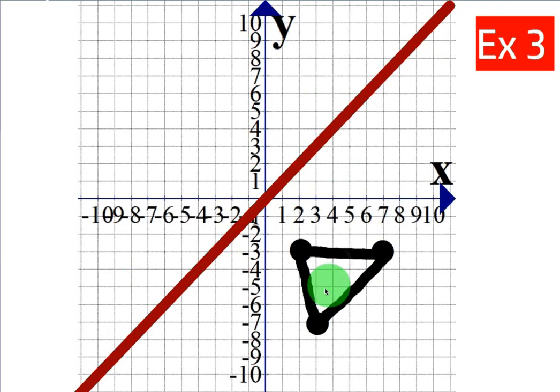So we're going to be taking this shape, reflecting it around this line. So it's actually the same as what we did before when we reflected a point around a line, except this time it's a diagonal line. So what you might want to do is kind of tilt your paper sideways to see kind of what the distance is between this point and say this point.